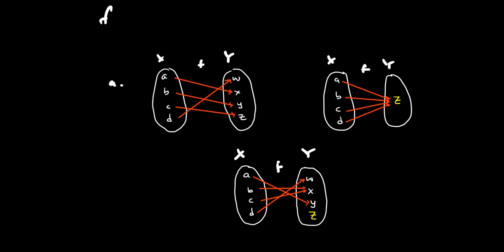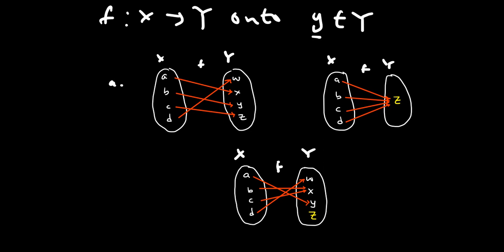For a function f such that x is mapped to y, we say that this function is onto if for every y in Y, meaning every element in the image, there is some x in X, a corresponding x in X. For every y in Y, there must exist an x in X.